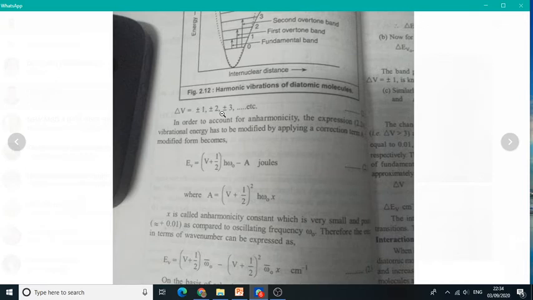As compared to oscillating frequency, this value is very small.